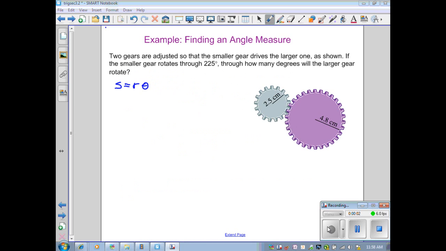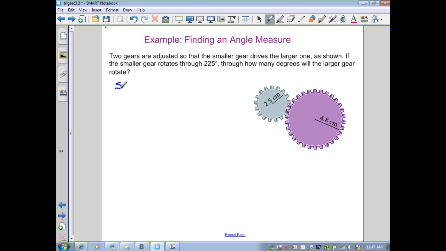Let's look at another example involving our formula s equals r theta. In this situation, we have two gears that are adjusted so that the smaller gear drives the larger one as shown. If the smaller gear rotates through 225 degrees, through how many degrees will the larger gear rotate? Well, let's start with our formula s equals r theta. Here, s is going to be the intercepted arc, or the length of the segment on the circle that this rotates.